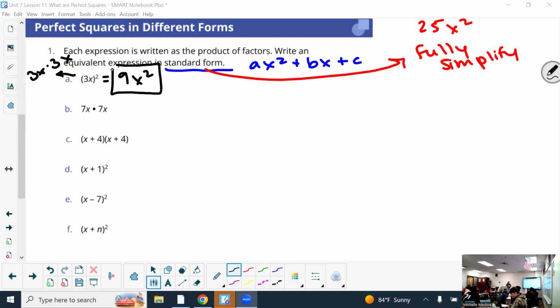What does that one look like in standard? Okay, good. Right, 7 times 7 is 49, x times x is x squared. Fully simplified. Table 1, what about this one? Fully simplified, what would it equal?